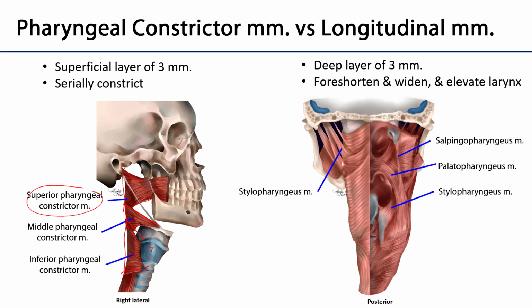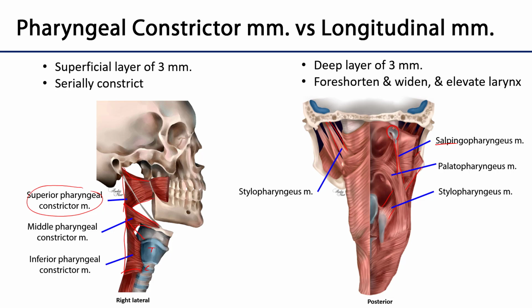The longitudinal muscles include that stylopharyngeus muscle there, and we can see that better here, as well as the salpingopharyngeal muscle. Salpinx means horn, and that's the horn of the pharyngotympanic tube. That's where that muscle is originating from.